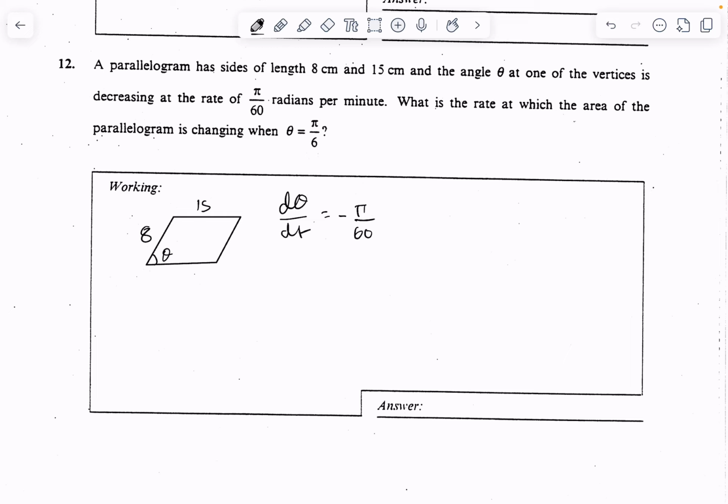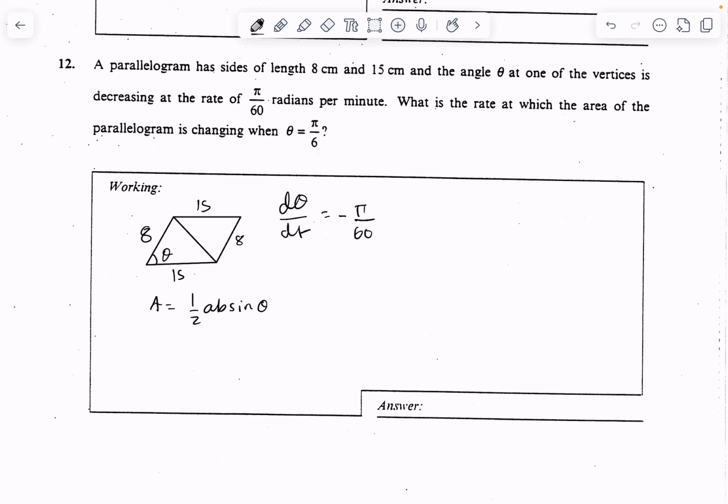And we want to find the area of the parallelogram. So we know that the area of the parallelogram is going to be equal to the area of this triangle plus the area of this triangle. So we know this side is 15, this side is 8, and this is going to be half the area. So the area of this triangle right here is going to be 1 by 2 AB sine theta.